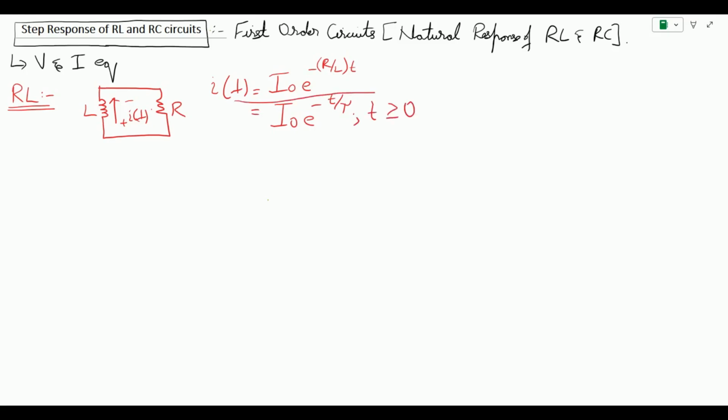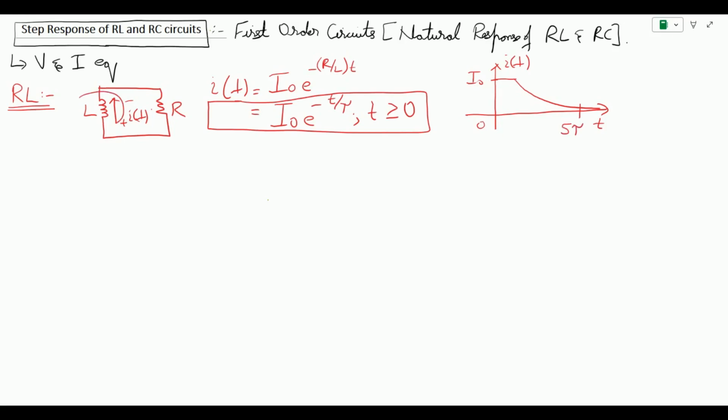So this was the expression that we got when doing the natural response analysis of an RL circuit, and we saw that the response was making sense: if we plot the current response and the voltage response being similar, after a certain amount of time the current will reach its final value or the steady state condition at 5 tau, because all of the energy stored by this inductor in the form of current will be released towards the load or the load resistor.